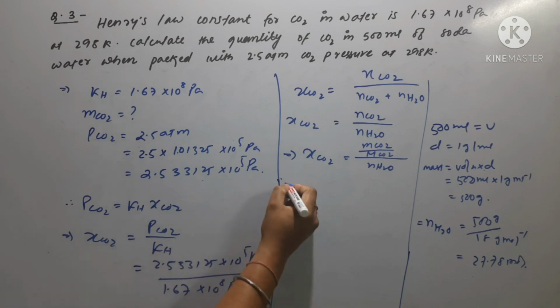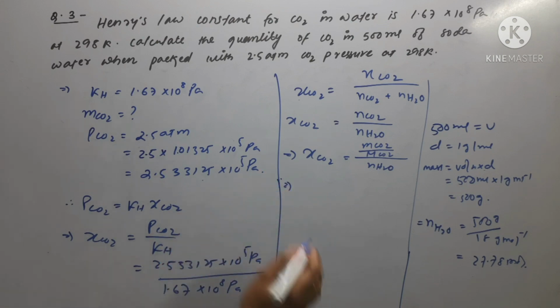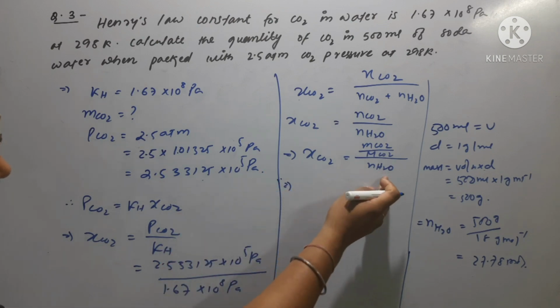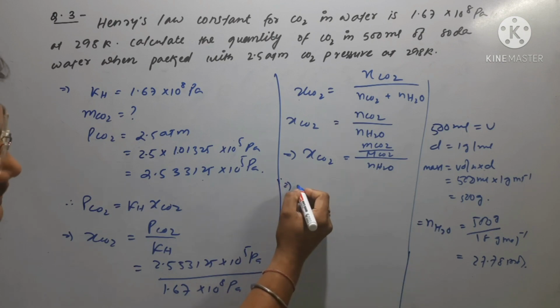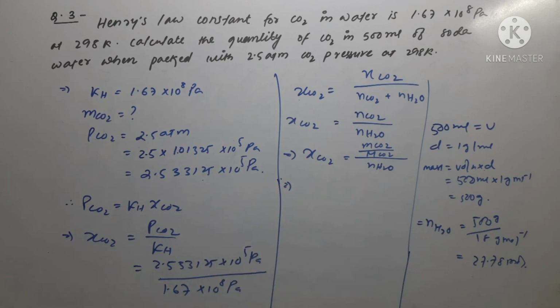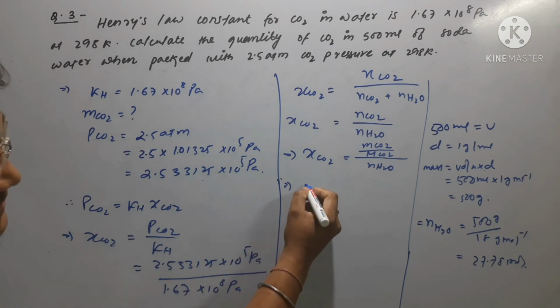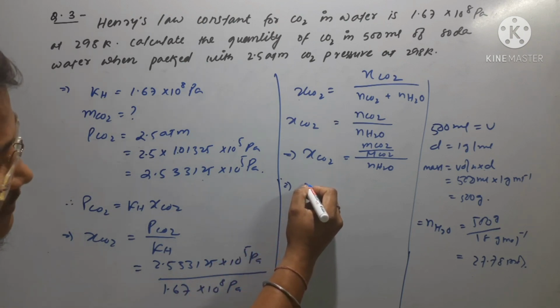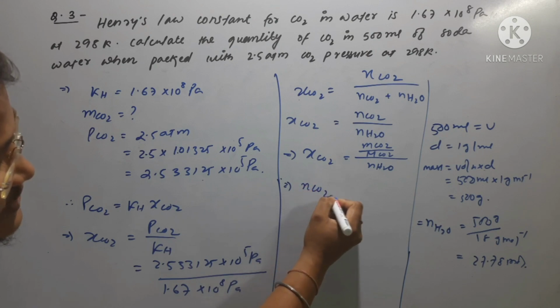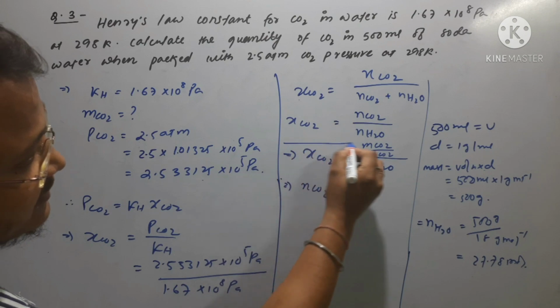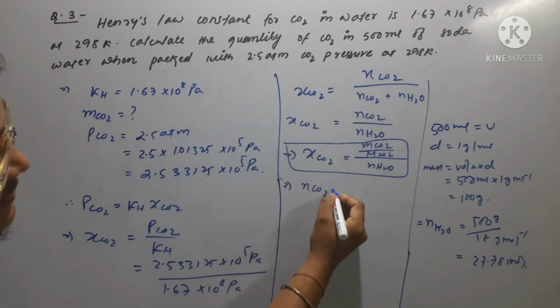Now this value is given to you. Now what you can do is multiply this, right? Okay, just a minute, can we do it like this? n of CO2. Forget this one. You can consider this. From here what can we do?